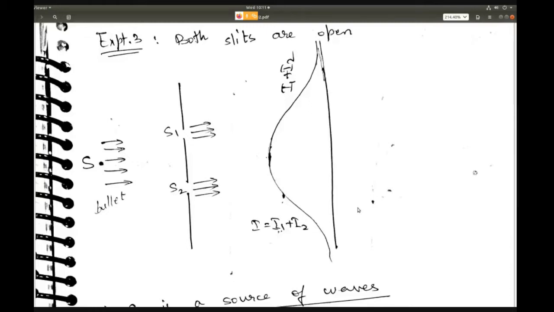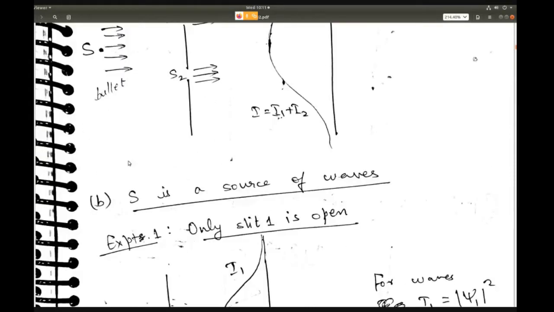This is the case for classical particles passing through the slits. Now let us look at classical waves, where S is a source of waves. Here we are referring to normal waves, whatever we know about waves in general from classical physics.